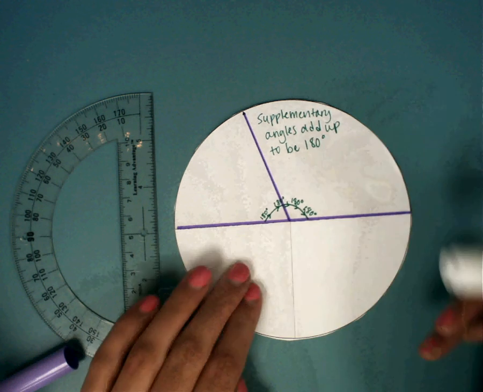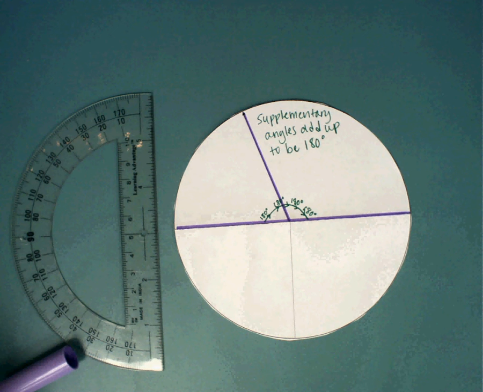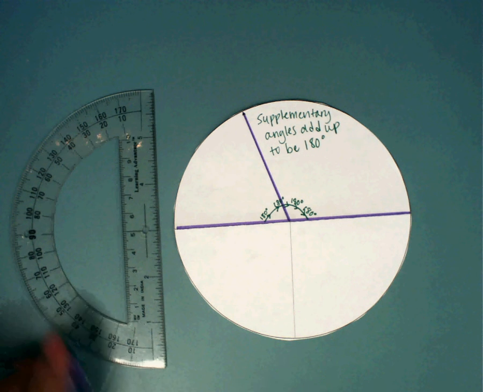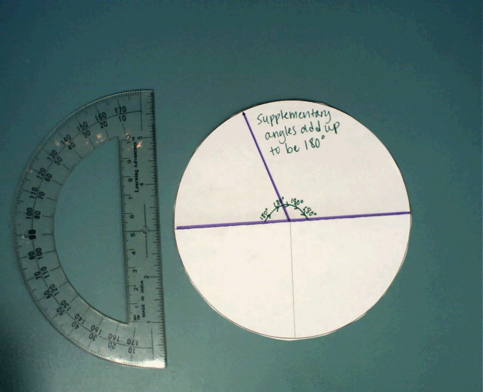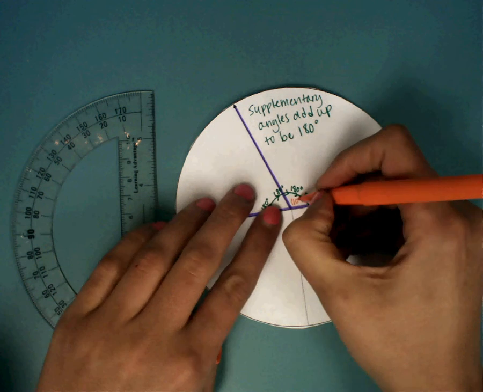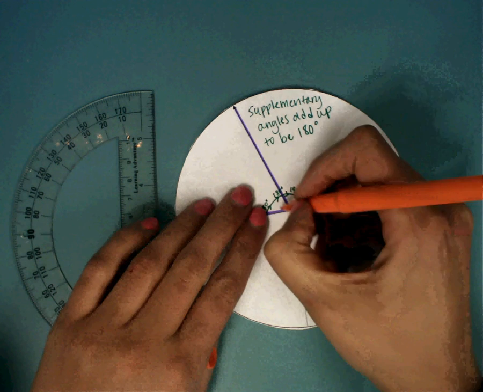So let's say that on that right side, it's 110 degrees. I'm going to write that on here. It's going to be really small. Let's say this is 110 degrees on this side, and on this side we don't know, so this is x.